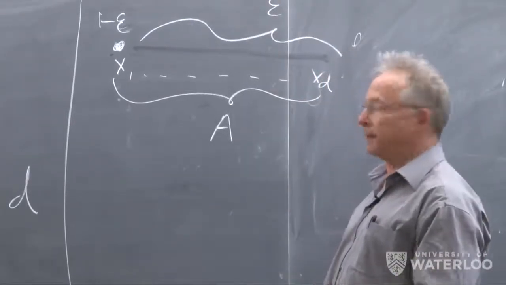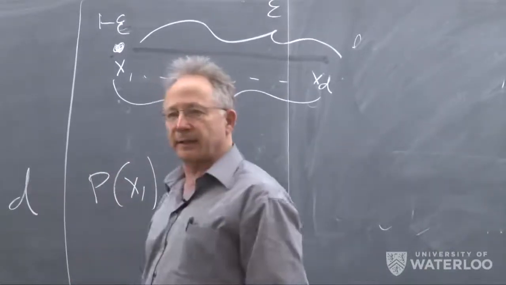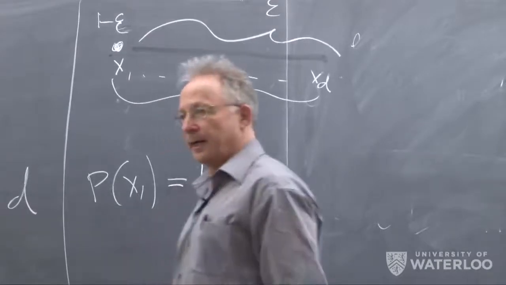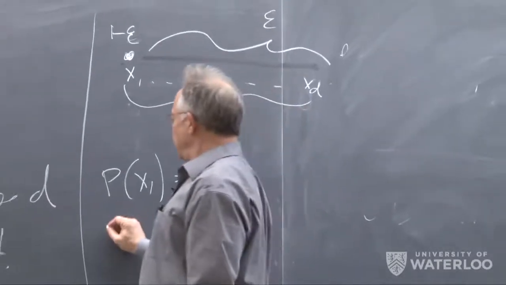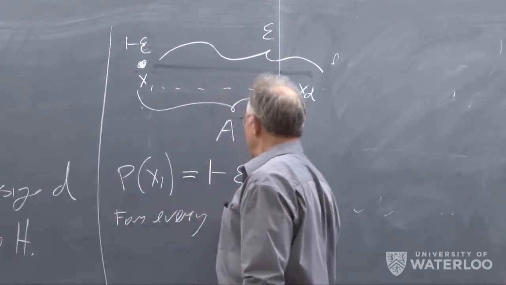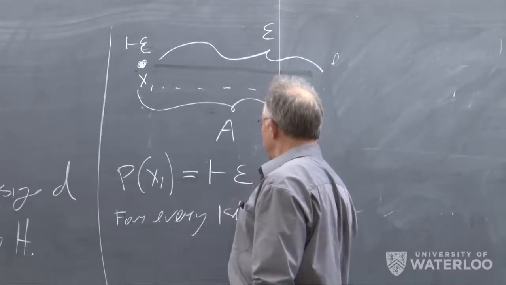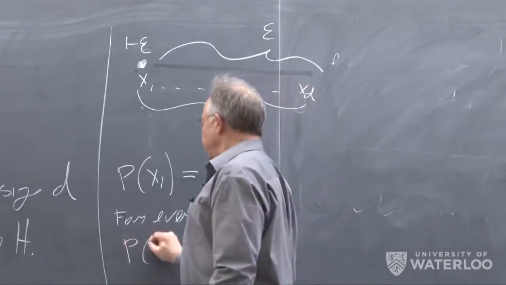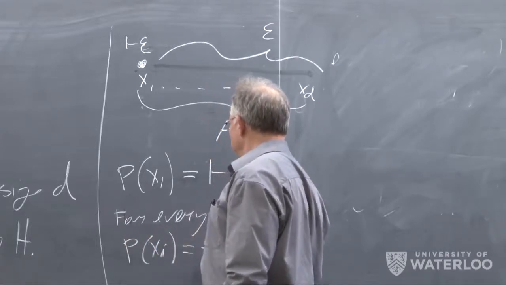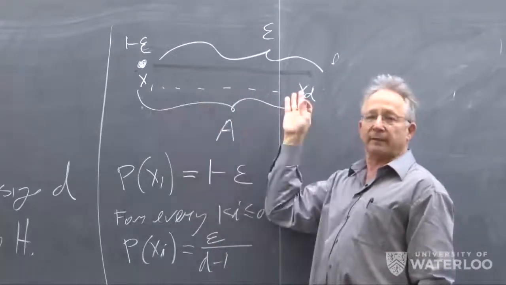So I'm going to use a distribution such that P of x1, the probability of seeing x1, is going to be 1 minus epsilon, very high probability. And for every i between 2 and d, P of xi is going to be epsilon over d minus 1. I evenly distribute the rest of the weight.